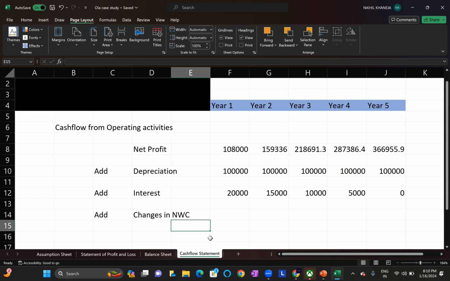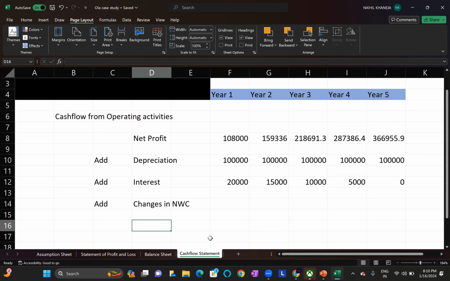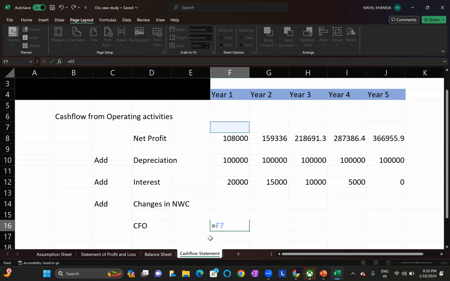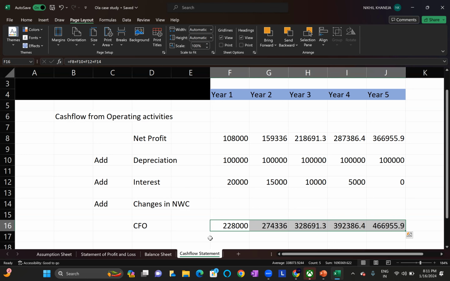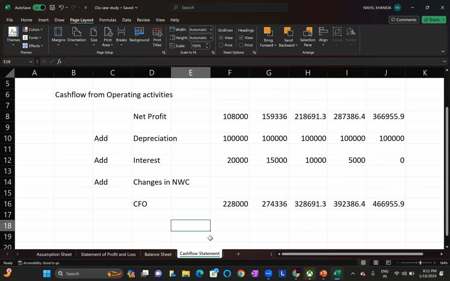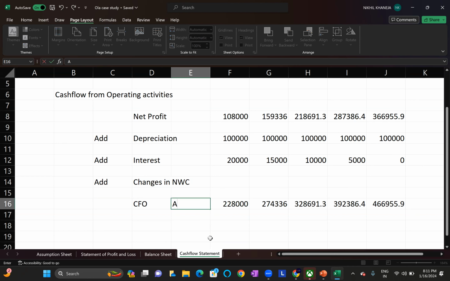We will be discussing this part after 10 minutes. Now I'll just be closing my CFO, cash flow from operating activity. I'll be adding up all the cells: this one plus this one plus this one plus changes in net working capital. This is the amount of cash flow from operating activities. I can call it A.